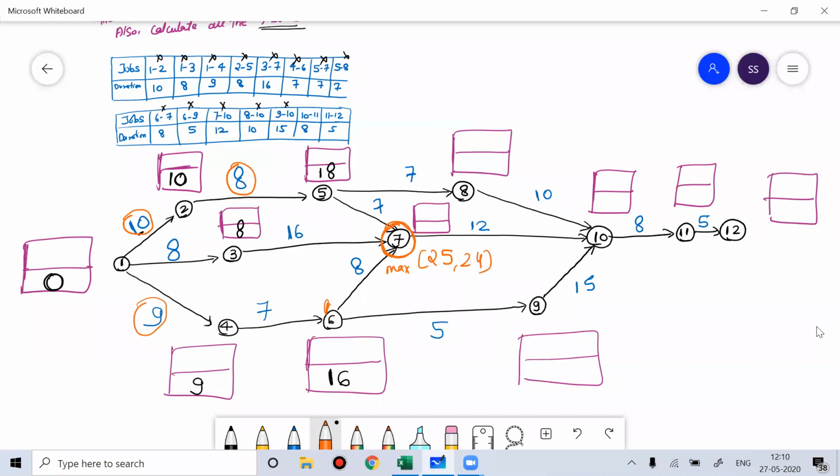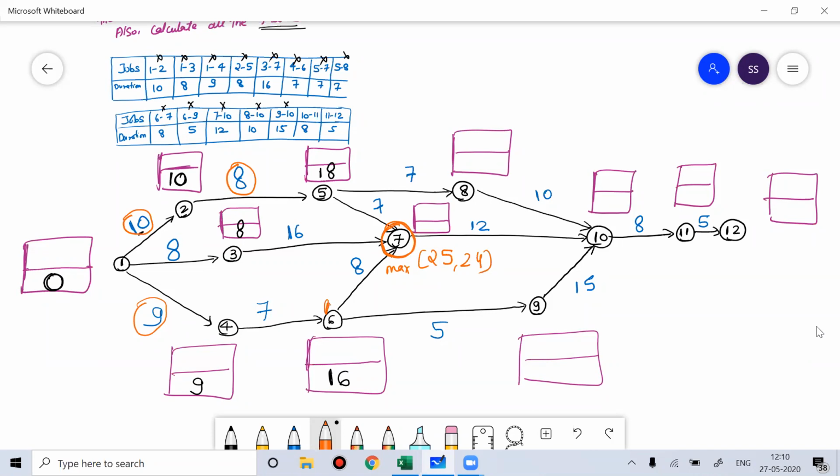One is activity 5 to 7, and another activity is 6 to 7. One activity is called 5 to 7 and the other is called 6 to 7. So 2 activities are getting over at node 7.